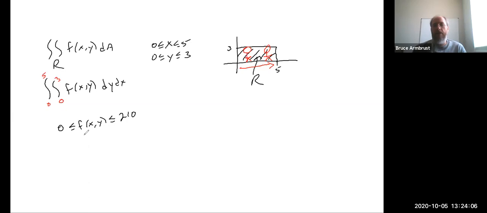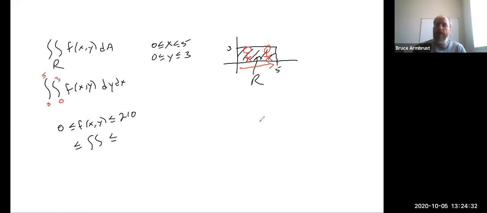All right, so let's think about the biggest possible value we could get for this volume, because we want to have bounds on this integral. So worst case, when I say worst, just biggest case, is where the function's equal to 210 everywhere in this region.